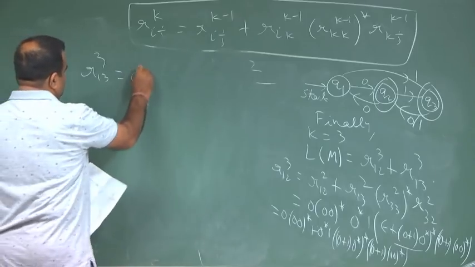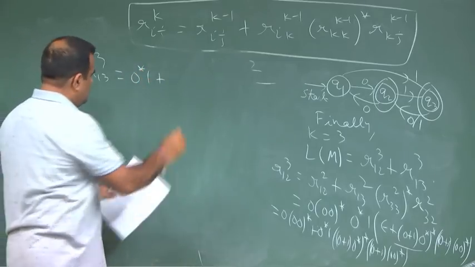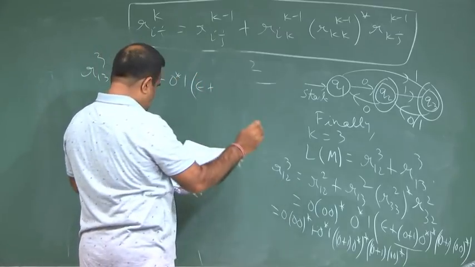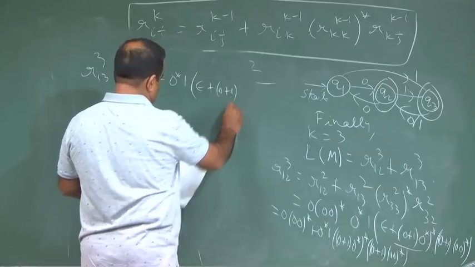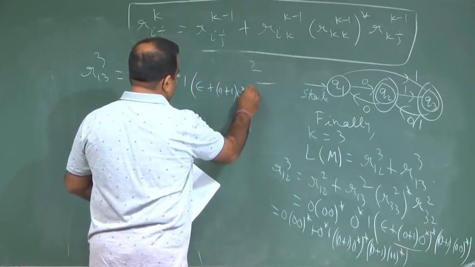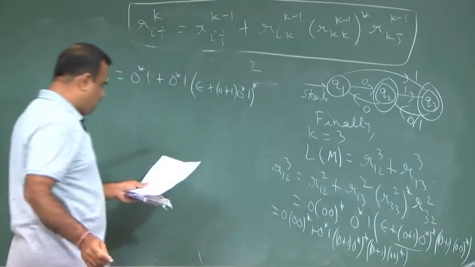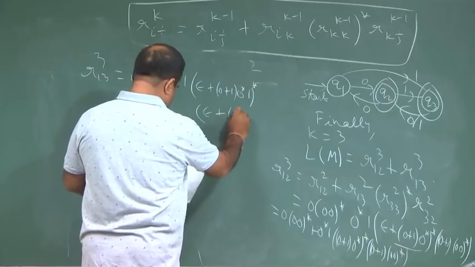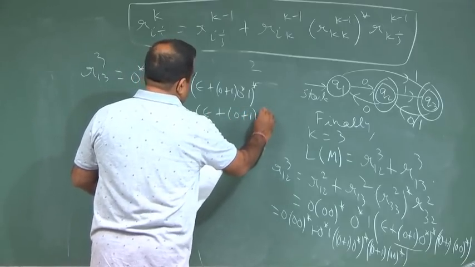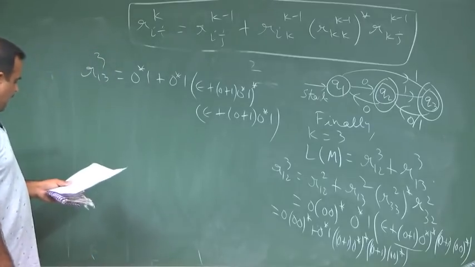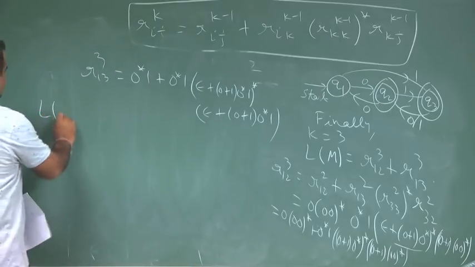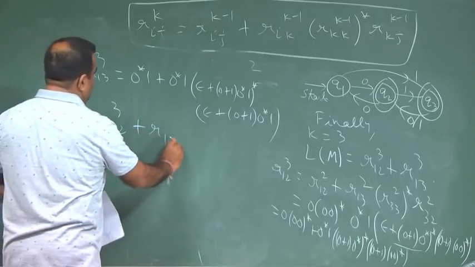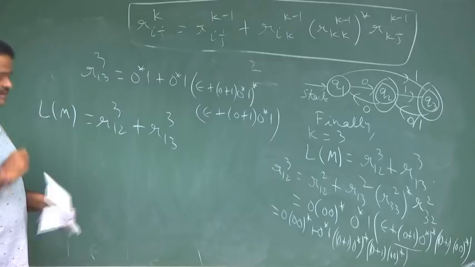It is nothing but 0 star 1 plus 0 star 1 epsilon plus 0 plus 1 0 star 1 star, then into epsilon plus 0 plus 1 0 star 1. Okay, so this plus this is our L of M. L of M is R 1 2 3 plus R 1 3 3.